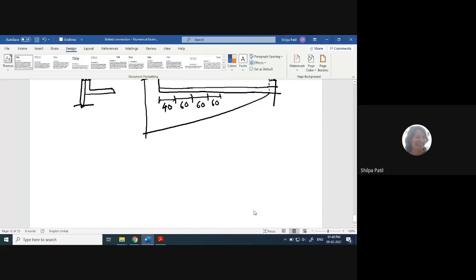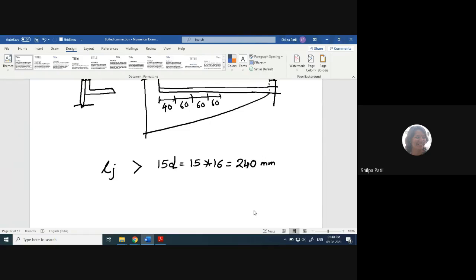What is the criteria? We have to compare Lj with 15 times d. So what is this 15 times d value coming to? 240 mm. So my Lj is exceeding 15 times d.